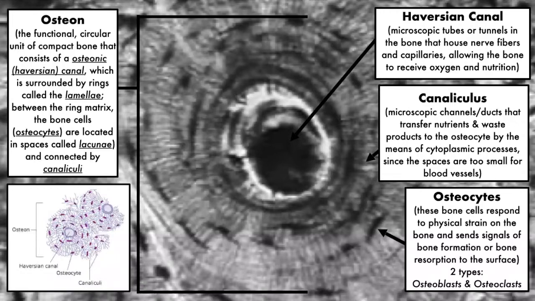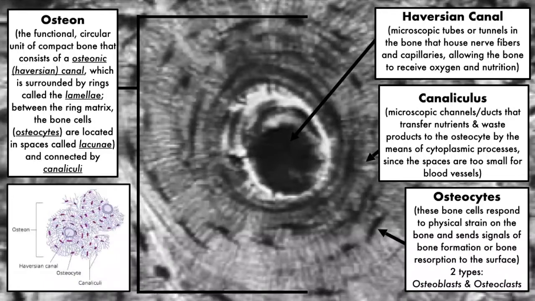And there are two types of bone cells, the osteoblast and the osteoclast. Connecting each of these rings are little canals called canaliculi, and the canaliculi carry the cytoplasm of nutrients or waste from one osteocyte to another.